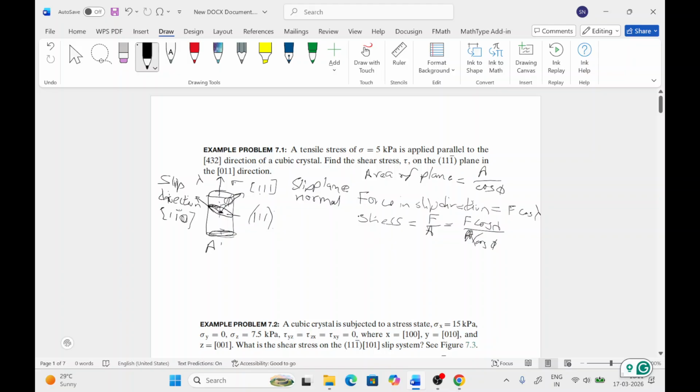So this is the shear stress: tau equals sigma cos lambda cos phi. This is the resolved shear stress we got for this 111 plane, and this is called the resolved shear stress.